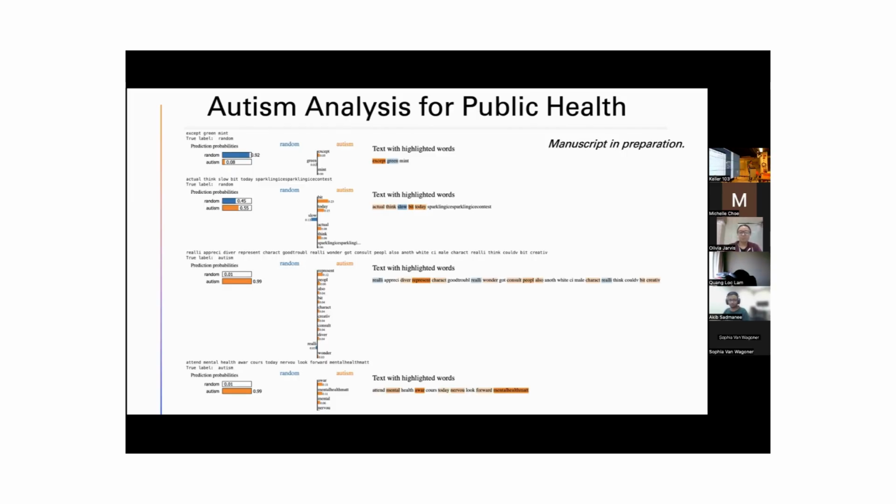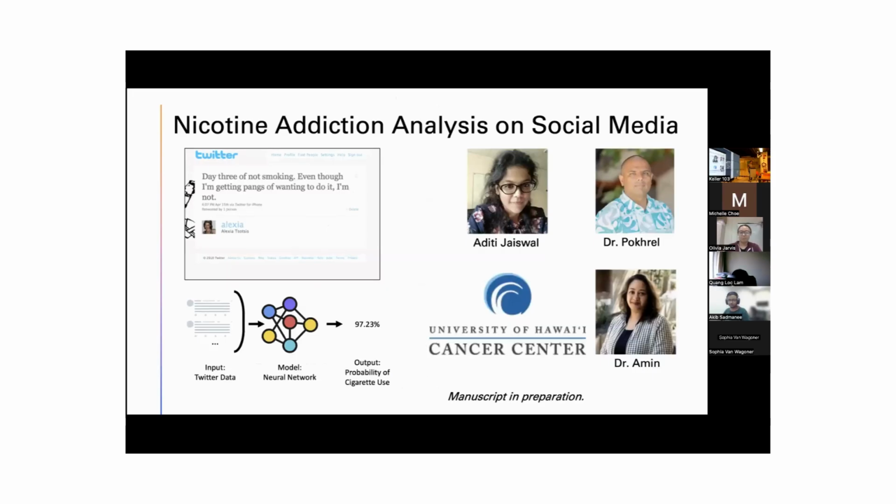using explainable AI. We've also collaborated with Dr. Pallav Pakral in the Cancer Center and his postdoc, Dr. Amin, on cigarette use. So similar social media data mining, basically predicting the probability of cigarette use from Twitter.